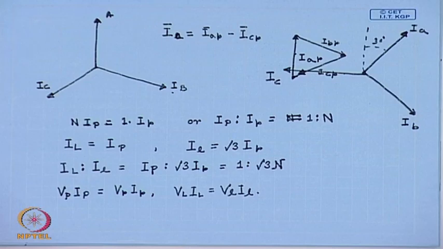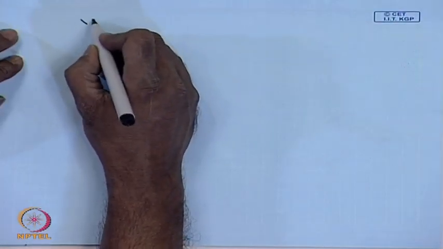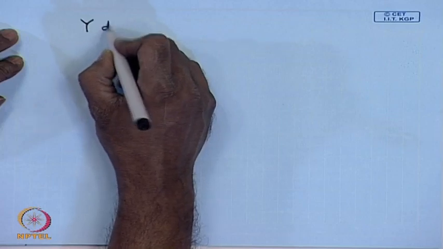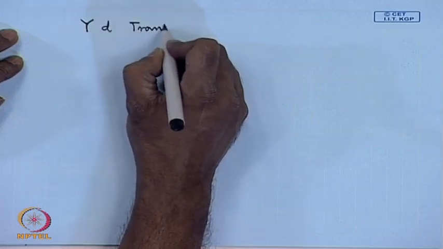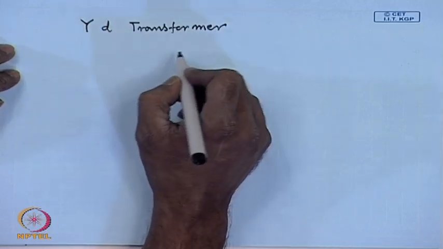Hence, we have seen that if one of the sides of the 3-phase transformer is star connected and the other, the high voltage side is star connected and the low voltage side is delta connected, then in a nutshell we can write the transformation relations for the YD transformer.